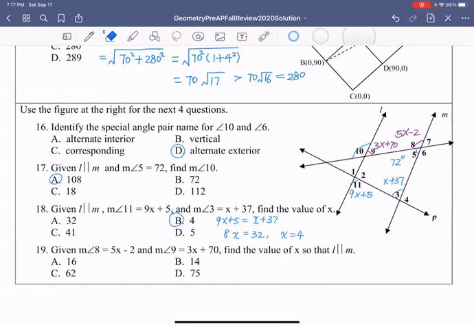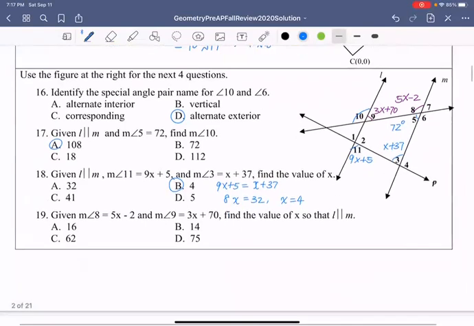Okay, go ahead. 5x minus 2 equals 3x plus 70. So where is the measurement of angle 8? Here. And this is 9.